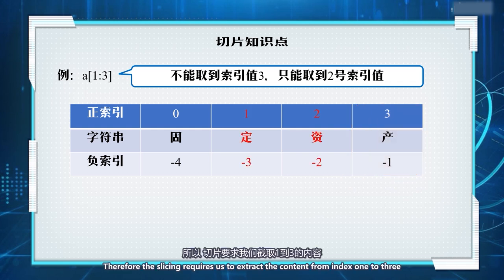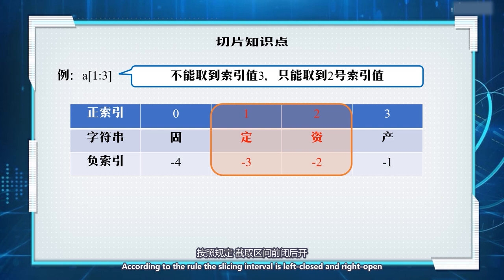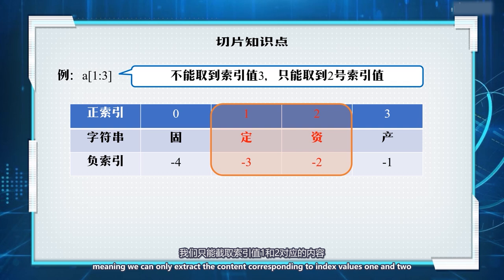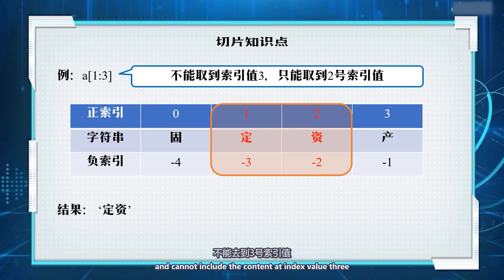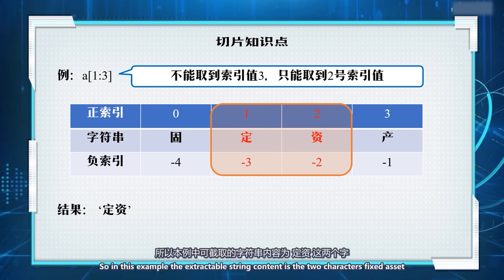Therefore, the slicing requires us to extract the content from index 1 to 3. According to the rule, the slicing interval is left closed and right open, meaning we can only extract the content corresponding to index values 1 and 2, and cannot include the content at index value 3. So in this example, the extractable string content is the two characters "定资".